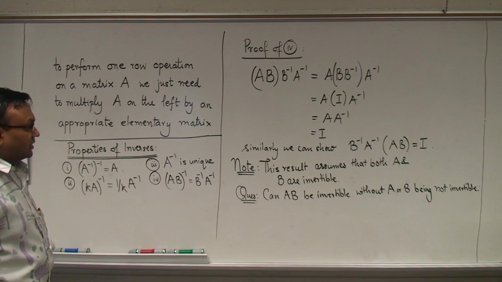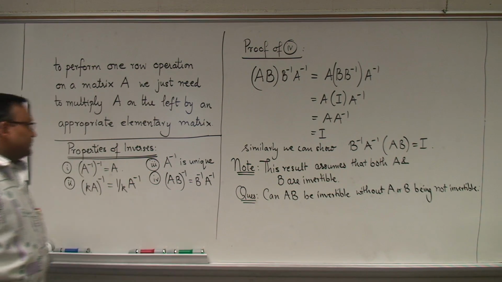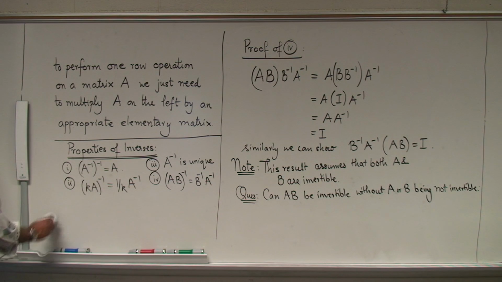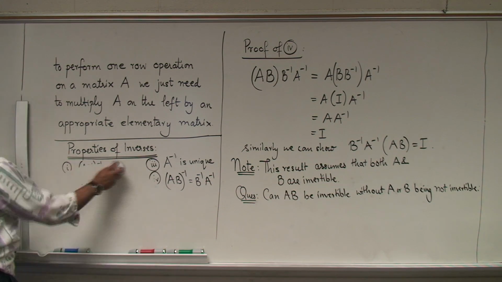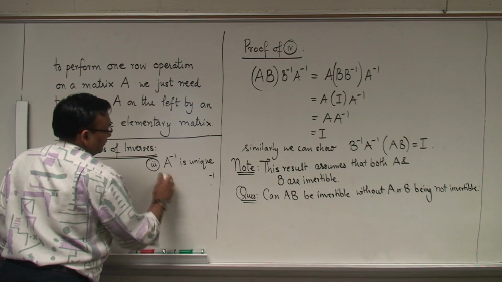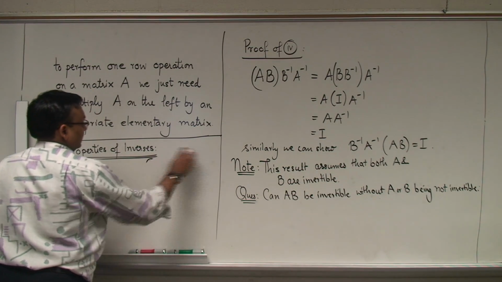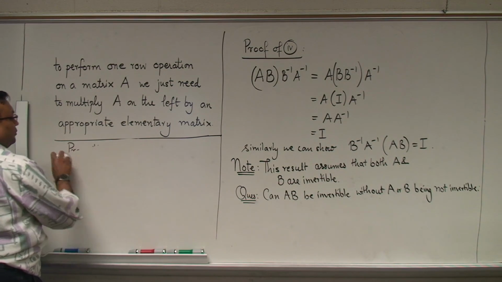Okay, so let's try and see. I'll come back to the elementary matrices, don't worry about it. It's just that we have to fix a few things here and there so that it will make more sense.